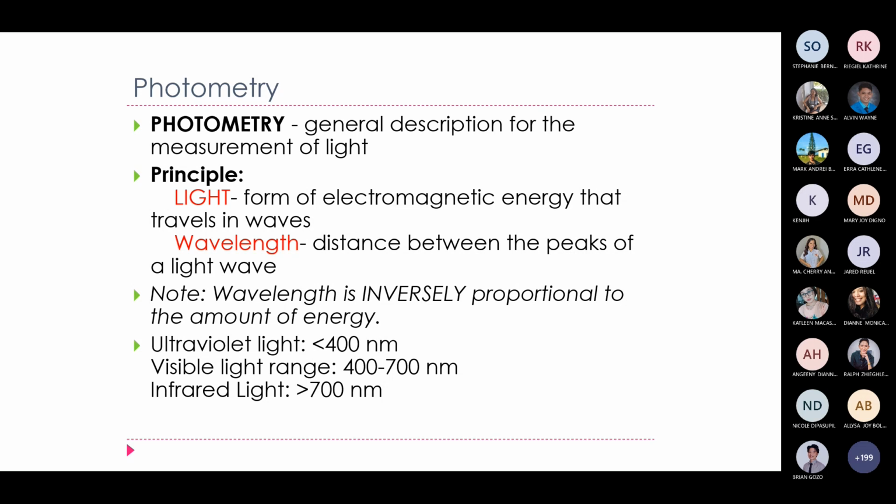This is the trough. What about the distance between these two waves? Anong tawag dyan? Wavelength. What about the height from the peak to the trough? Amplitude. Letter A is Amplitude.